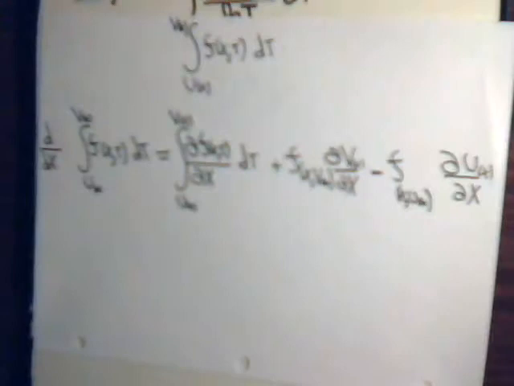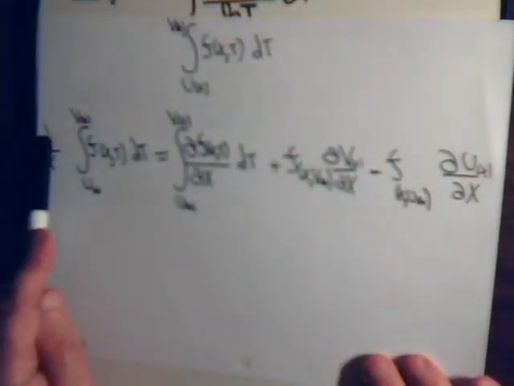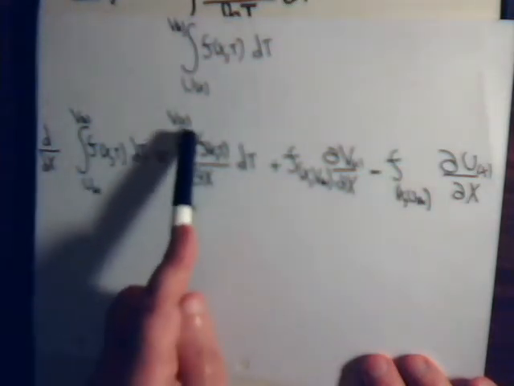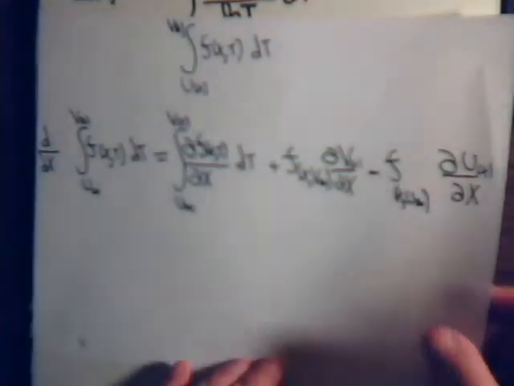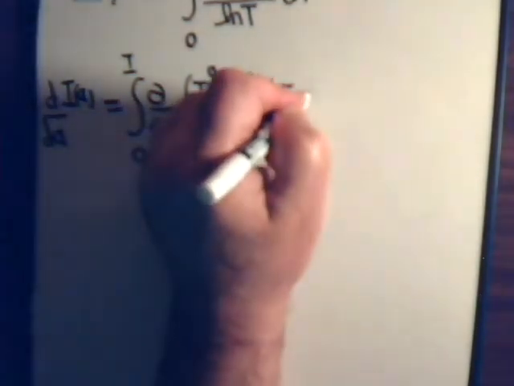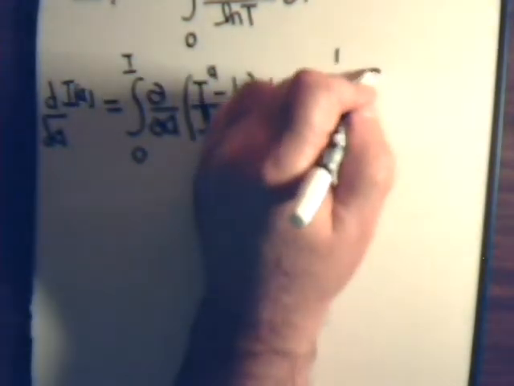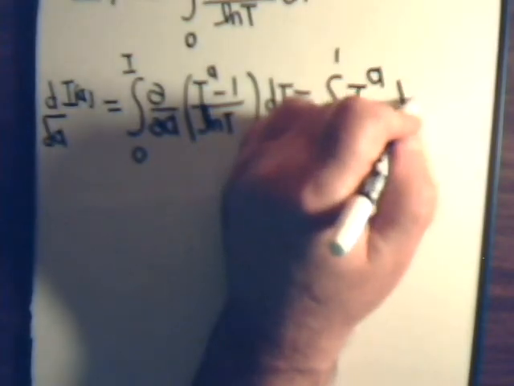And remember, now this step right here, that's just the equivalent of this step right here. We just simply move the differentiation process right inside of the integral. We've been doing that all along. And this is just t to the a. So we have the integral from 0 to 1, t to the a dt.